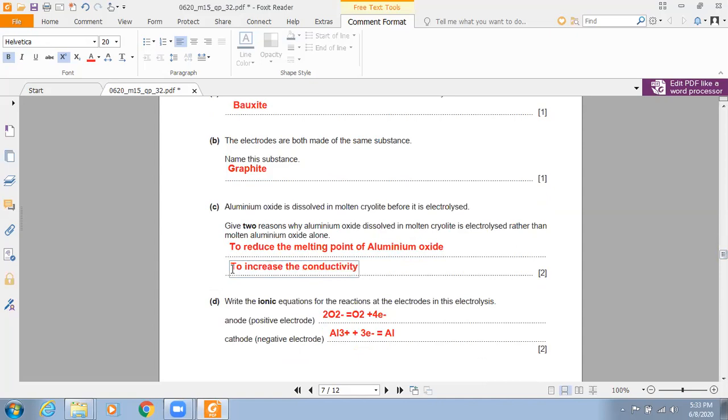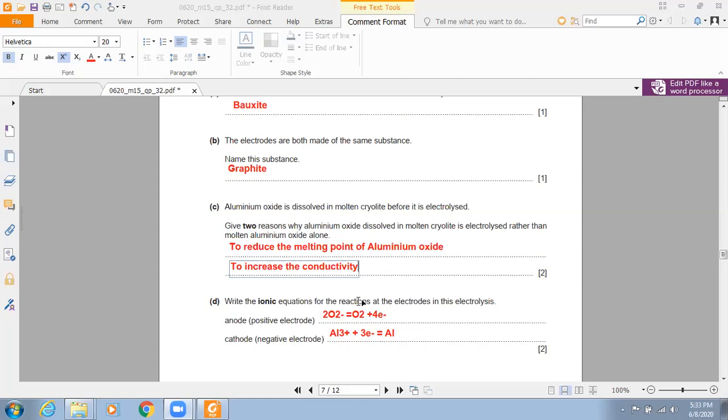They are asking for 2 only, so we are writing 2, but you can write saves energy, reduces cost, lower operating temperature. So many things can be written. Okay, correct.